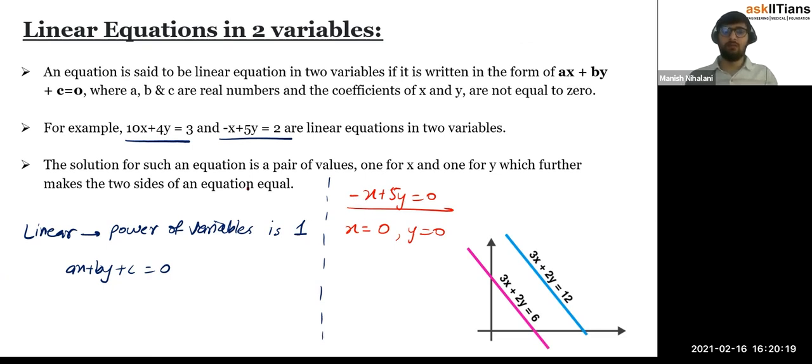So this is a solution of this equation, because one value of x and another value of y make both sides of the equation equal. This is how we write linear equations in two variables. Linear means degree 1, and two variables means there are two different variables which are varying.